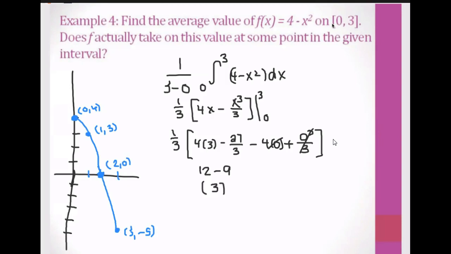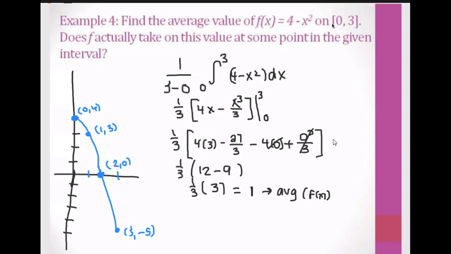So you get 3 times 1/3. Which means that the average value of this function, 3 times 1/3 is not 3, 3 times 1/3 is 1. So the average value of this function, which we would say AVG of f of x, is equal to 1. The average value of the function is equal to 1.